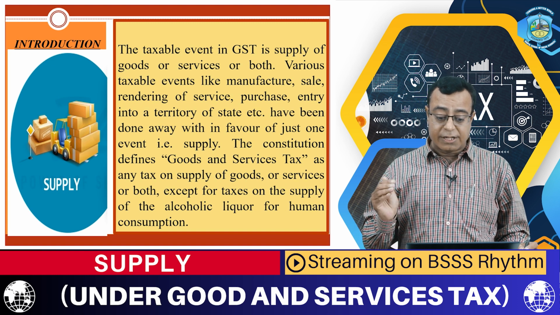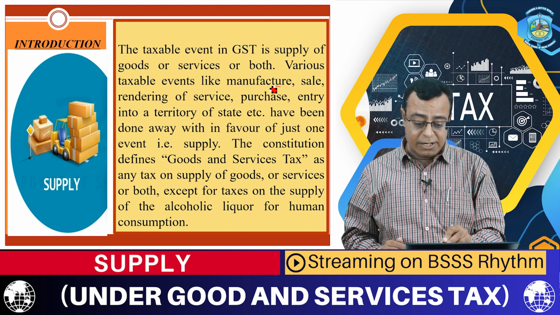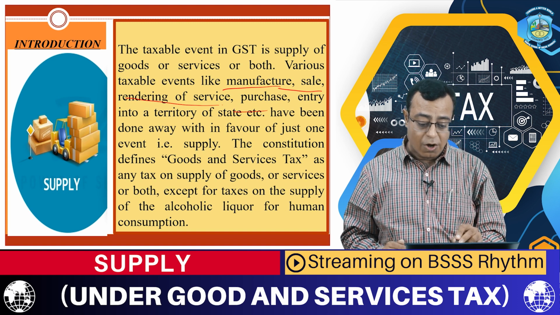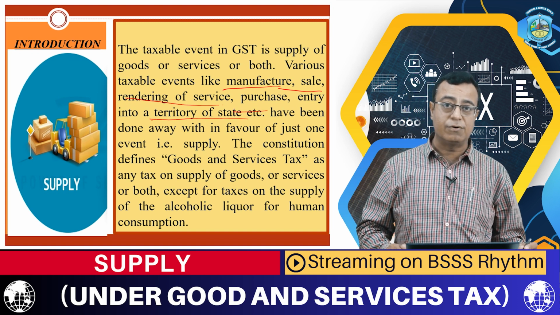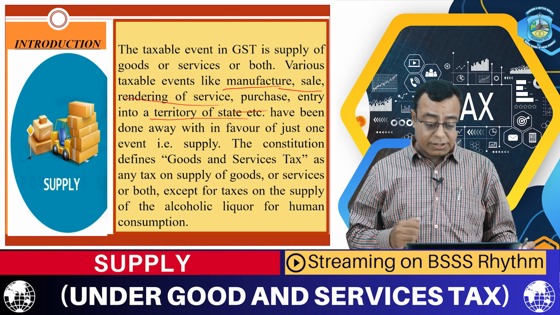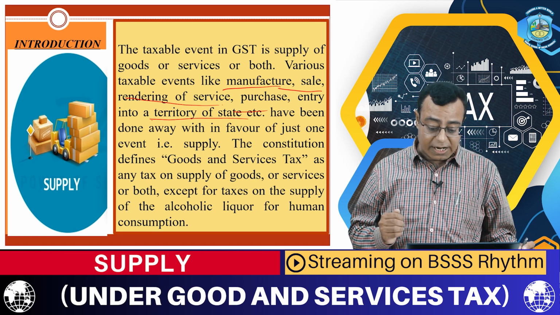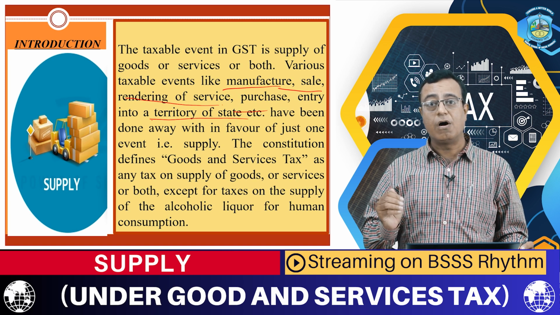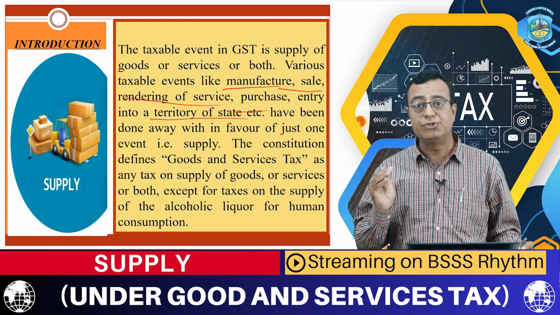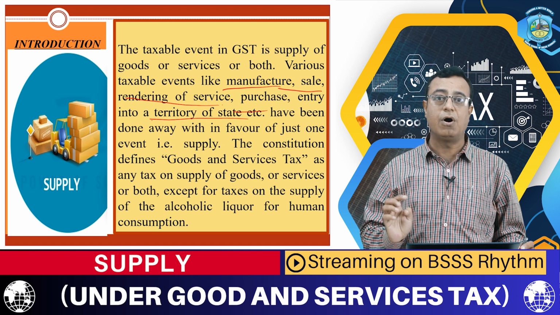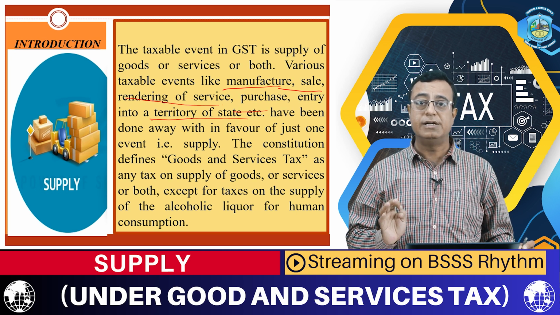It means there is manufacturing, there is sell, there is services, there is purchase or entry or exit of the goods and services into a particular territory. Now, the goods and services tax is only based on the supply of the goods, means there is no supply, there is no GST. GST is charged on the supply of goods and services.